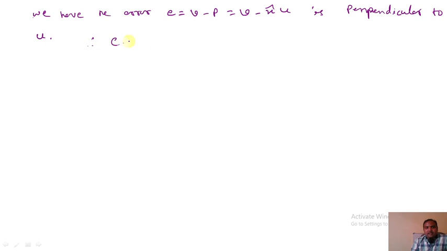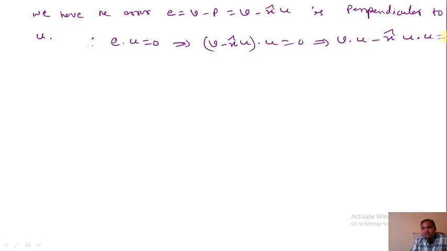Therefore, e dot u is 0. That means v minus x hat u, dotted with u, equals 0. After the dot product, v dot u minus x hat, where x hat is just a number, times u dot u equals 0. From here, x hat equals v dot u divided by u dot u.